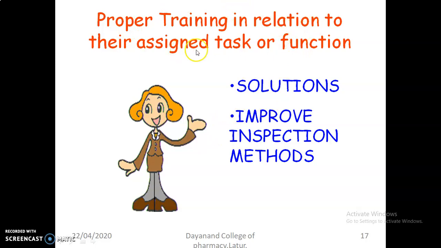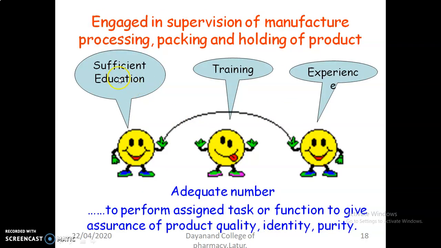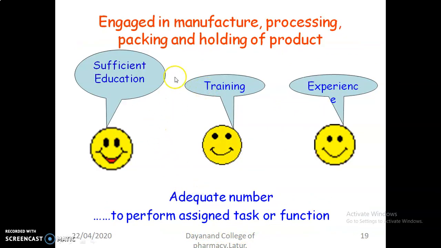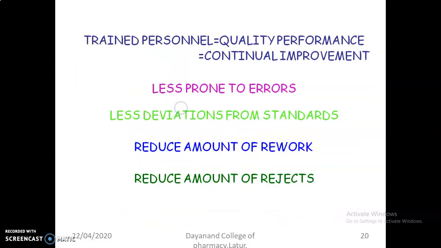Proper training in relation to the assigned task or functions. Sufficient education, qualification, training and experience is most important to give the assurance of product quality, identity and purity. That is the most important part that must be done for each employee.